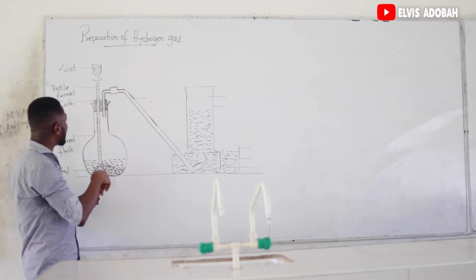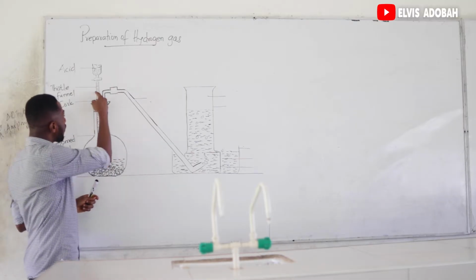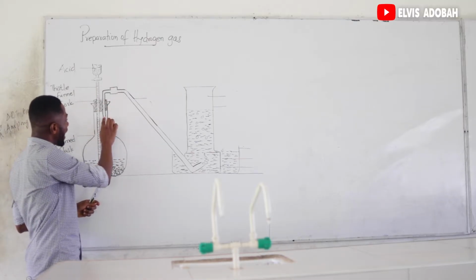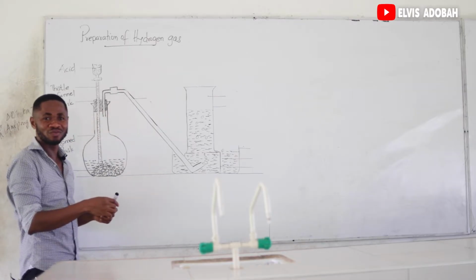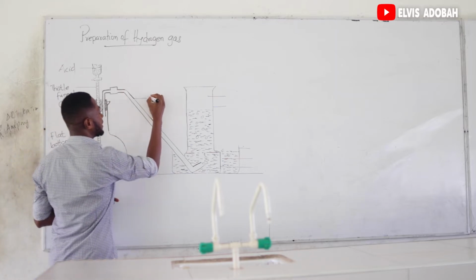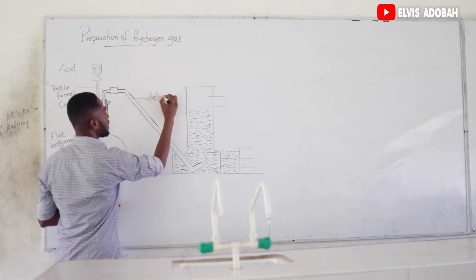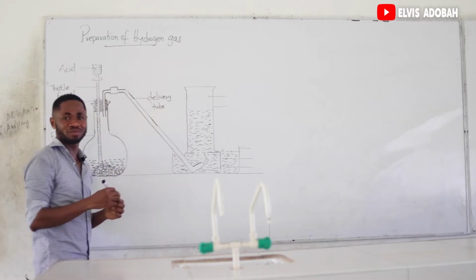But you can see that this cork has two holes inside. One hole for the thistle funnel and the other hole for a certain tube. That certain tube is called the delivery tube.